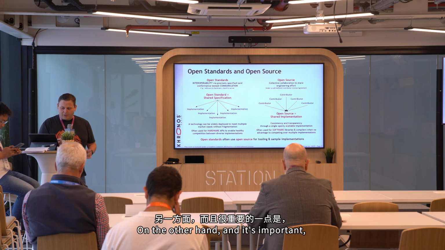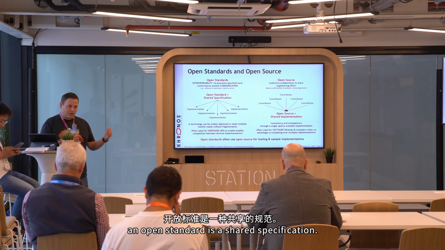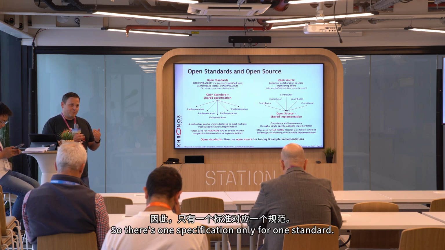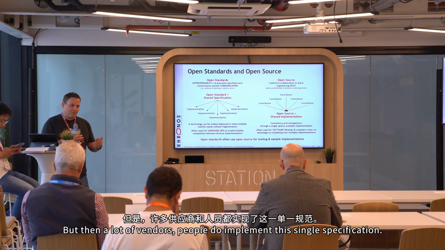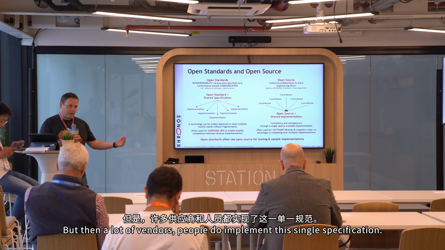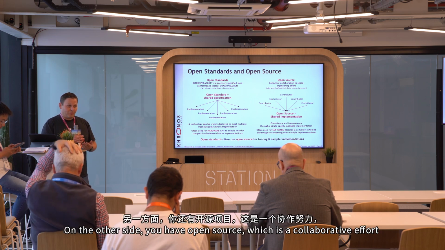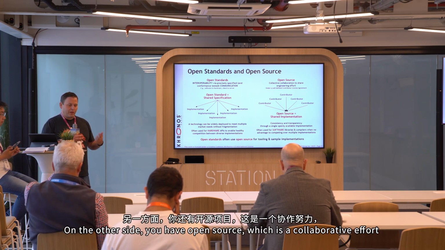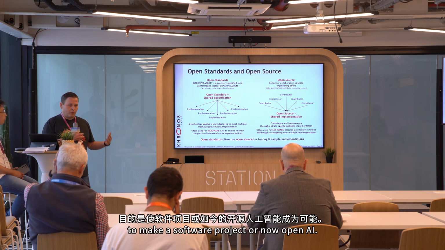On the other hand, and it's important, an open standard is a shared specification. There's only one specification for one standard, but then a lot of vendors and people implement this single specification. On the other side, you have open source, which is a collaborative effort to make a software project.